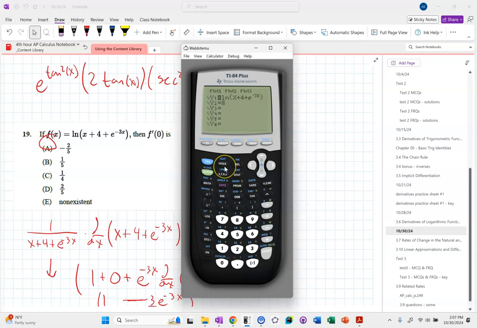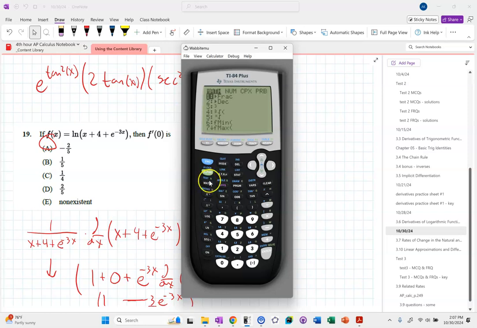Before I get moving any further, I do want to check one thing. In calculus class, my calculator needs to be in what mode? Radians. So I want to make sure I'm in radian mode. Some of us have physics class or toggle back and forth. And all I want to do is find the derivative of that at 0, right?